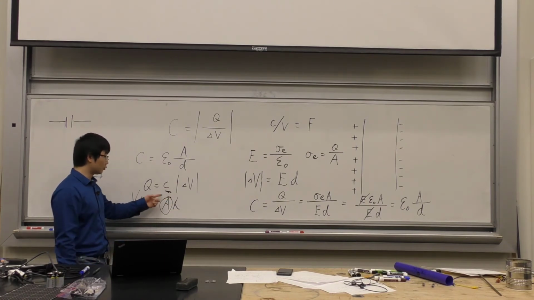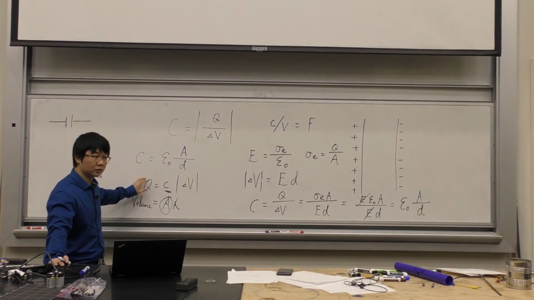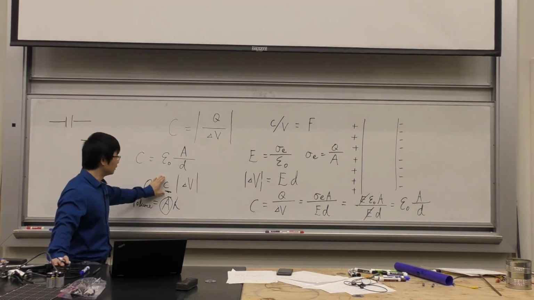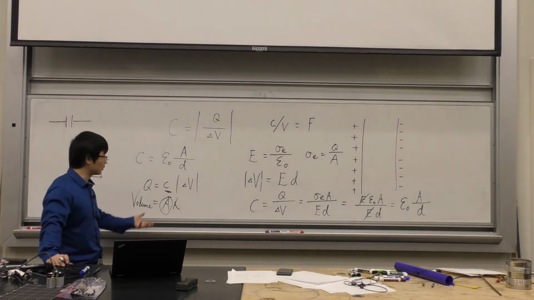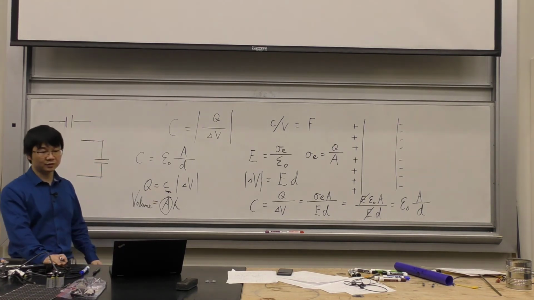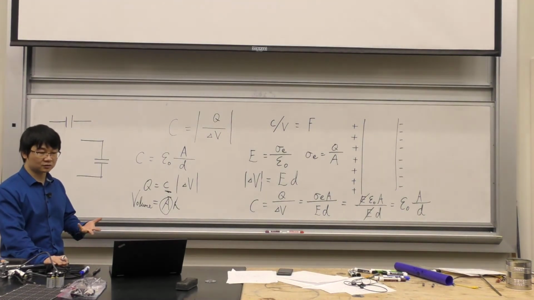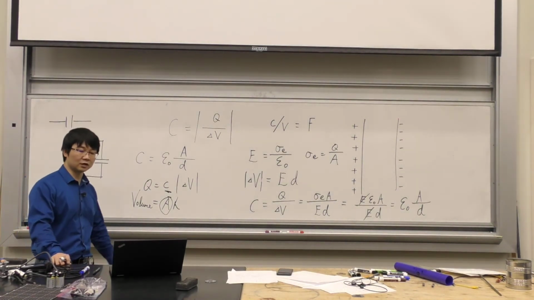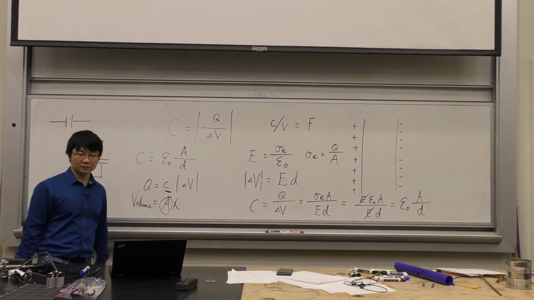So that's pretty much like this C. If you want to store a lot of charge, you would get a capacitor with a very large capacitance. So that's why the capacitance is a measure of the ability of the capacitor to store electric charge and energy. It's because we don't see them that it looks a little bit weird to us, but compare this with the water tank, and you know what it means, right?